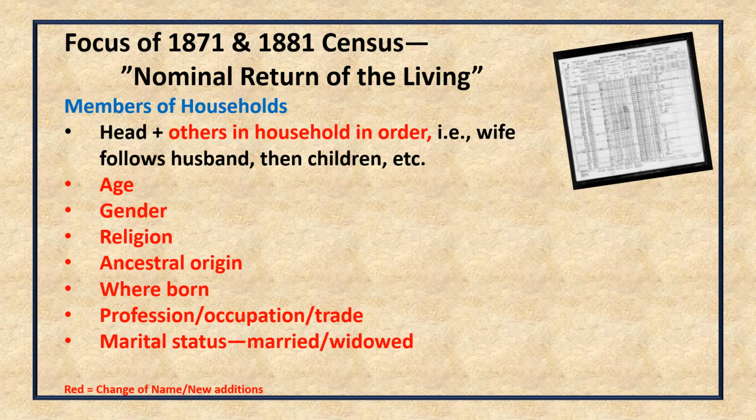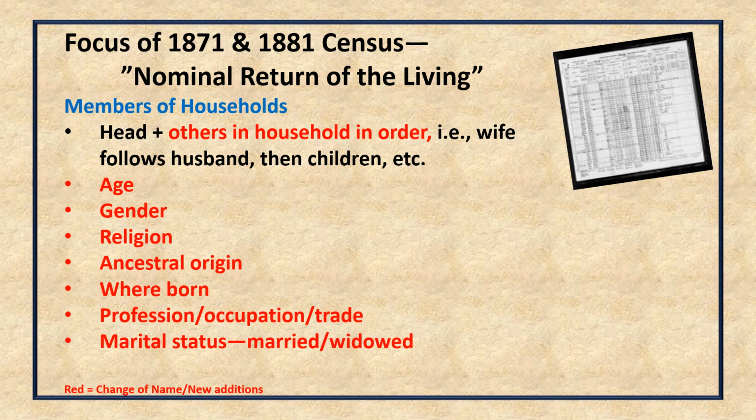For the first time, the names of additional residents of the household, family or otherwise, are required. Within the personal category, gender, age, if born within the previous 12 months, and country or province of birth, if born in Canada, are required. Religion, ancestral origin, for example, Scotch, the term then used, English, Irish, etc., and profession, occupation, or trade also show up on these censuses.